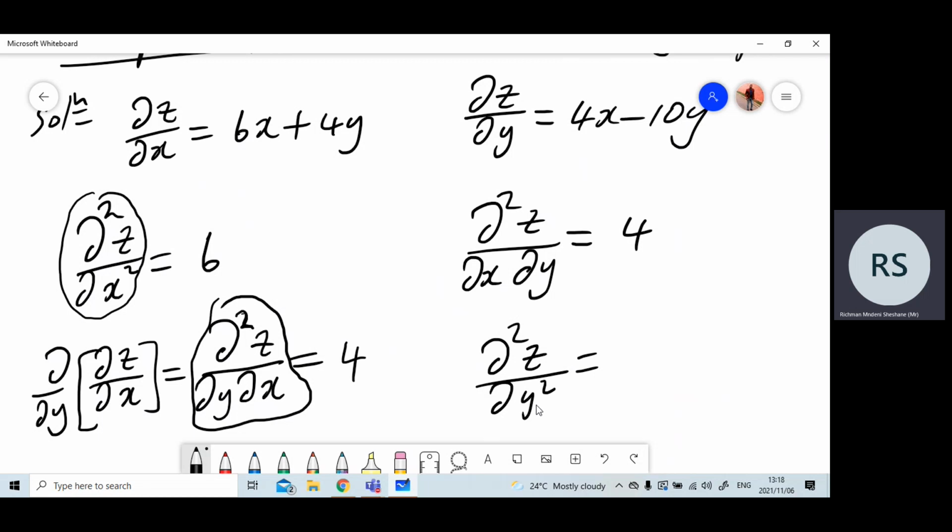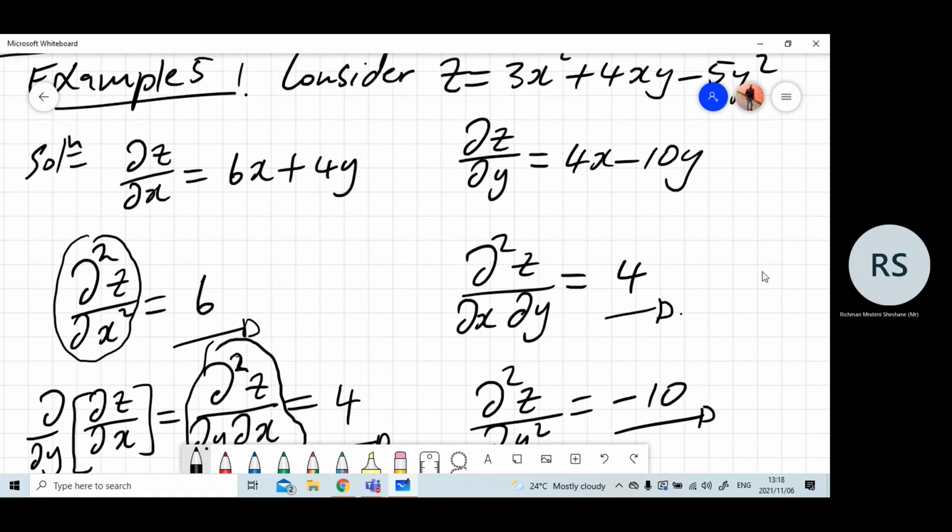If it's y squared, it means you're going to derive your function z twice with respect to y, as we did here with respect to x. But here, if we derive with respect to y, it's going to be minus 10. These are the answers. Okay, and then you're done.